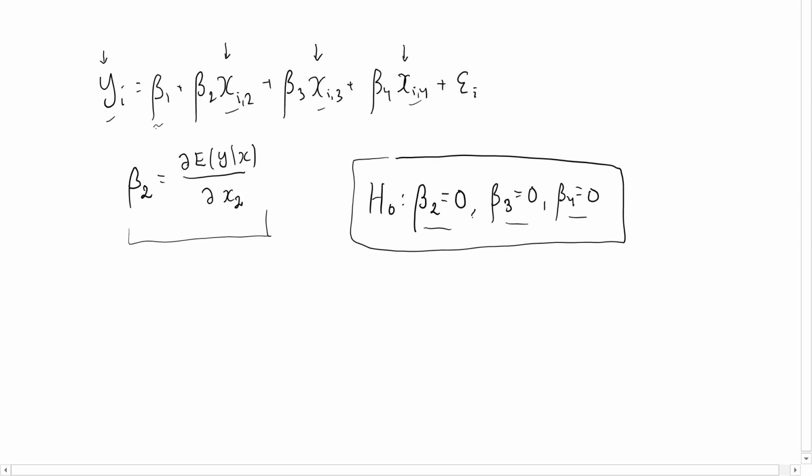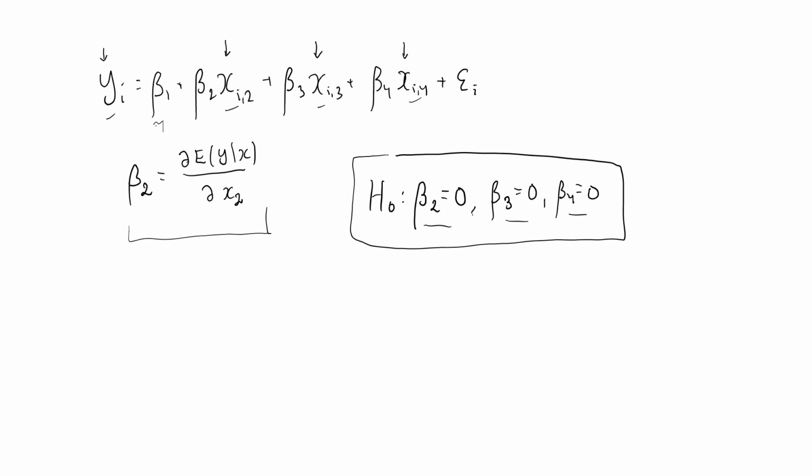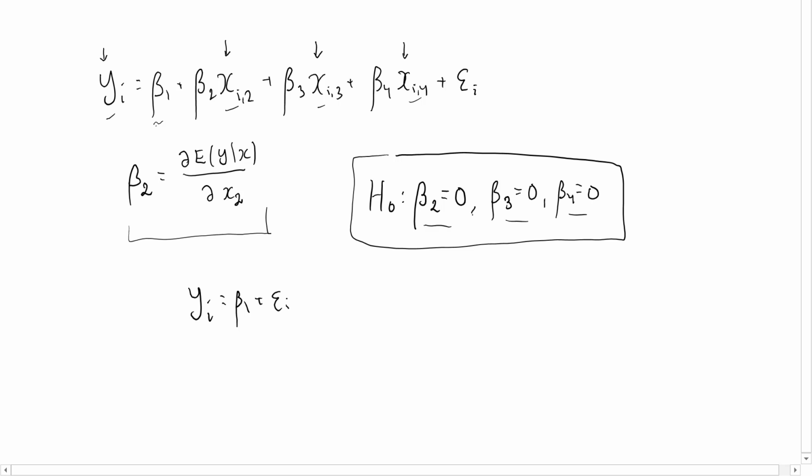Well, you can see that if it's true and all these slope parameters are 0, then yi, the result on the final, is just an intercept plus an error term. That means that none of my explanatory variables will have an effect on the expected final result.